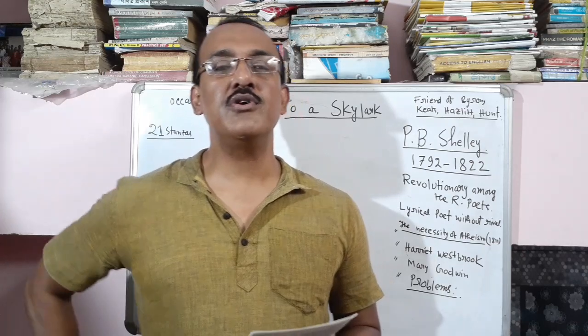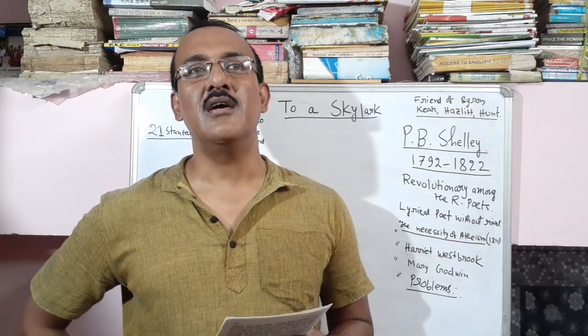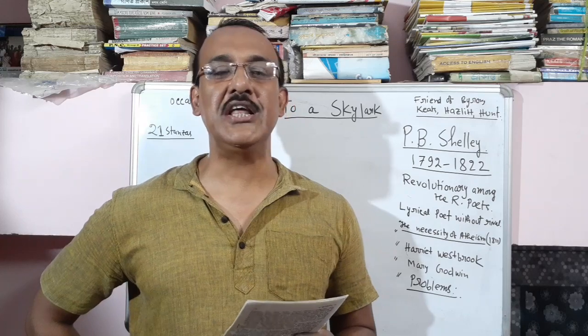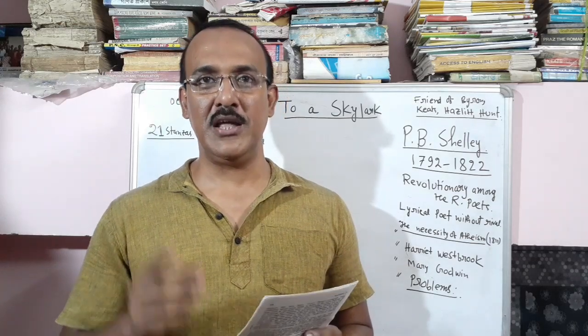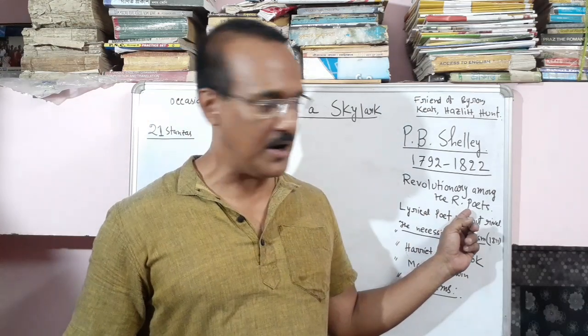So, before we start, To a Skylark is one of the famous poems in English literature. It is written by P.B. Shelley. P.B. Shelley, you all know, is a junior romantic poet and he is the most revolutionary among the romantic poets.